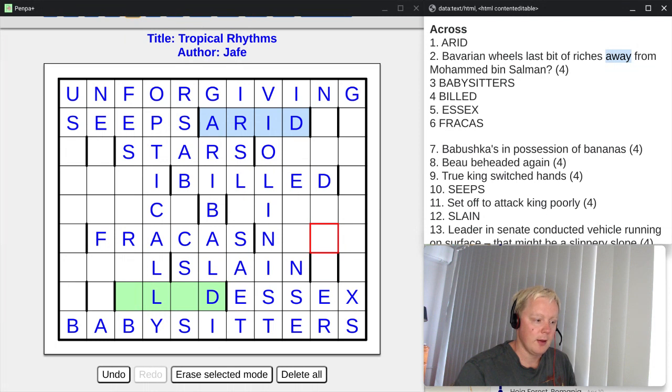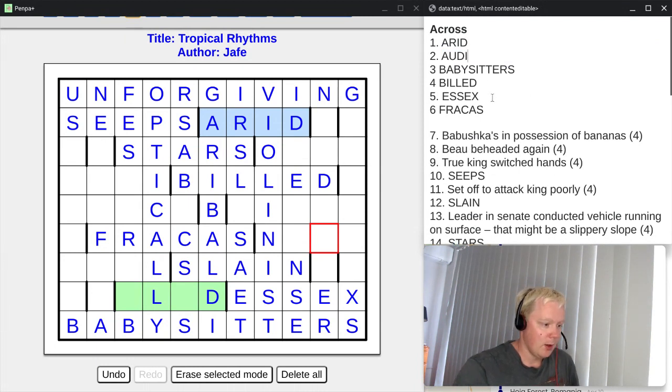So then we would get an answer meaning Bavarian wheels. Now wheels can obviously be a verb in the surface reading, but wheels as a noun can mean a car. So we are looking for a car that's made in Bavaria, and that's going to be Audi. And how that works is Mohammed bin Salman was the king of Saudi Arabia, so he was a Saudi. And we take away the last bit of the word riches, this S. We take the S out, we get Audi. So Audi is the answer there.